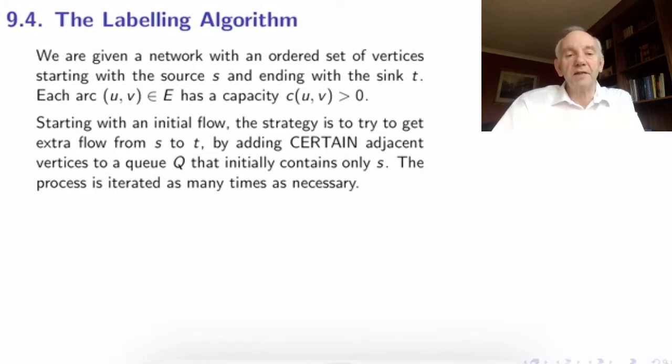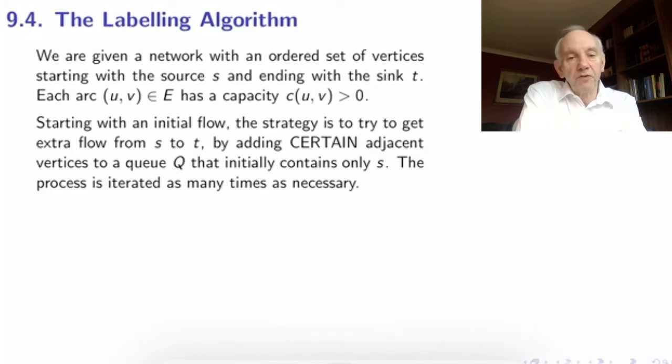Anyway, let's get back to networks. And I want to remind you that we're given a network. So what does that mean? It means we have a set of vertices, sometimes called nodes. We want to apply this labeling algorithm, so for that purpose it's a good idea to order the vertices.